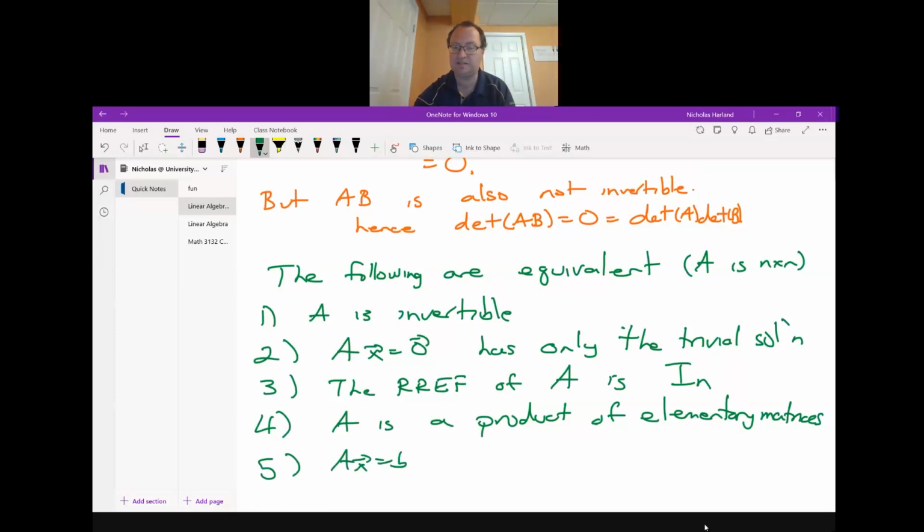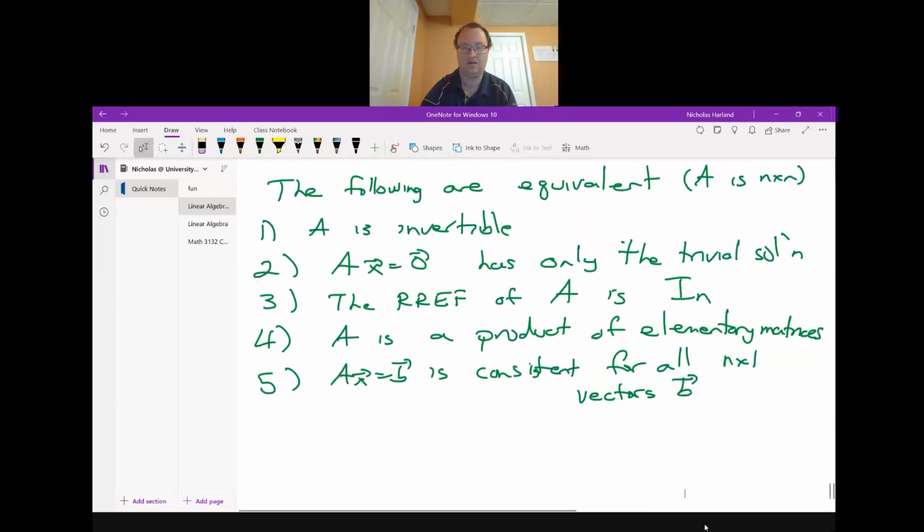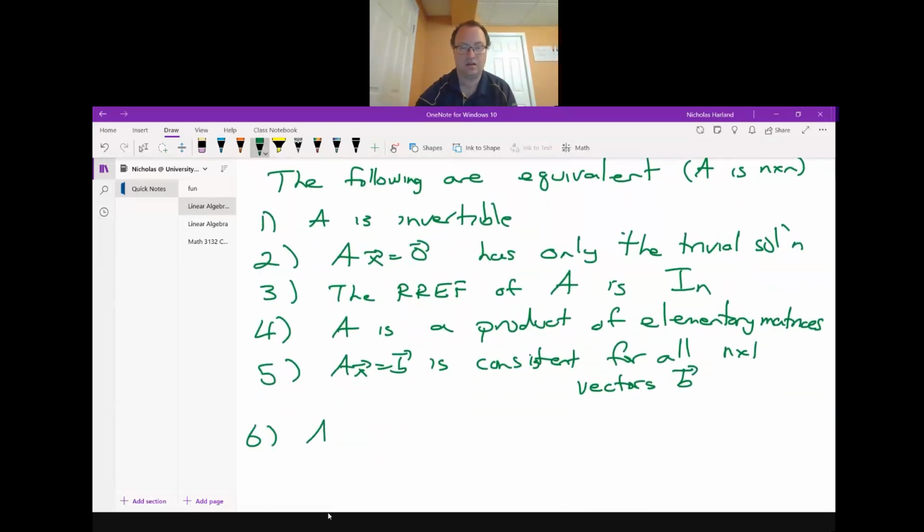AX equals B is consistent for all n by 1 vectors B, and has exactly one solution.